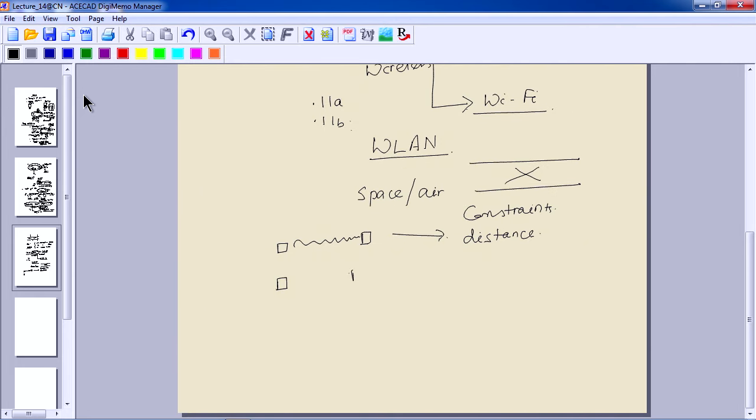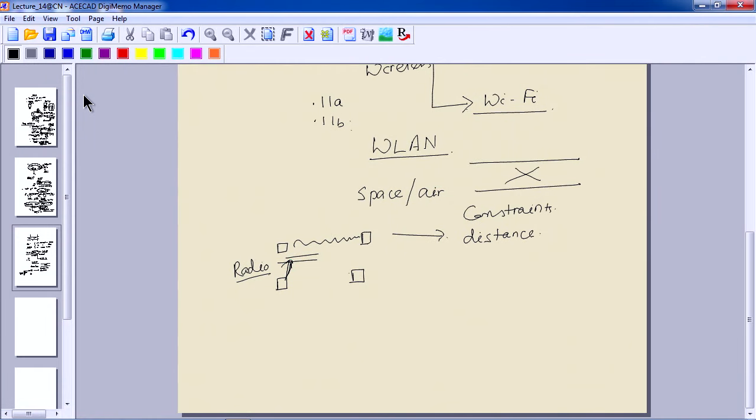Distance could be one constraint, meaning every node in a network has its own capability. How does a node transmit? The node is connected with a radio, a transceiver which can transmit, which can receive, right. When the node generates a frame, it transmits through the transceiver. This transceiver connects to the channel. I should not say cable, it is a channel.